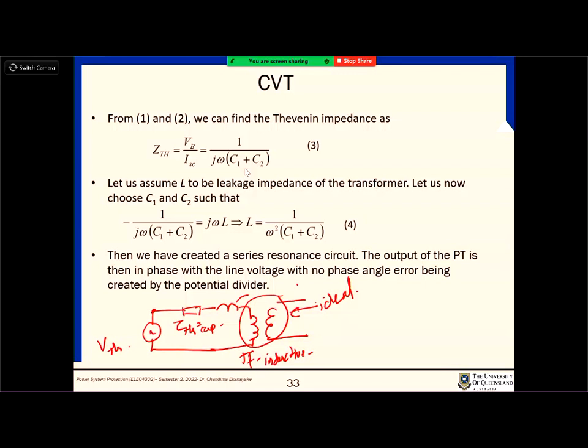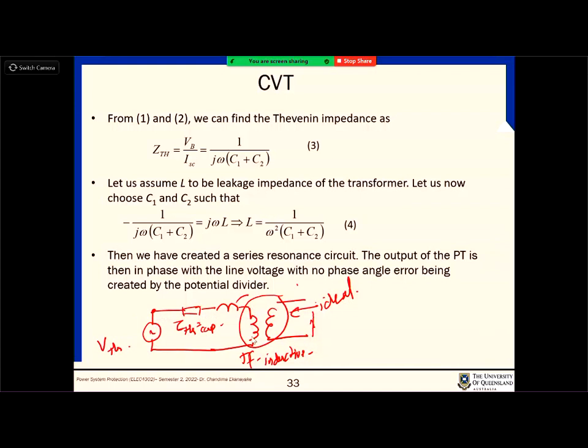Now, what we want is that the voltage we measure at this end, multiplied by some constant, will give you the primary voltage. So I don't want a voltage drop across this system. When VTH is applied here, I want the same voltage across the transformer.